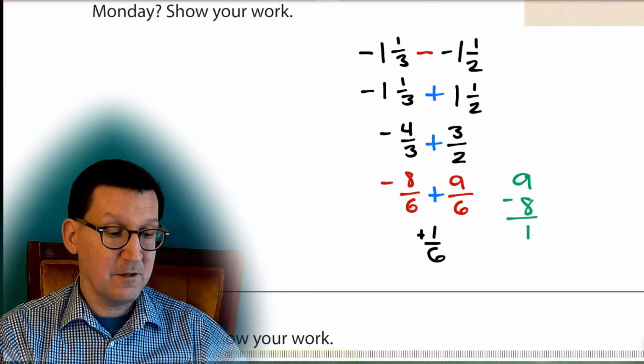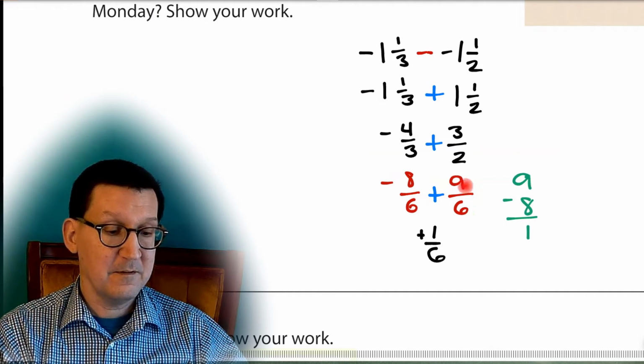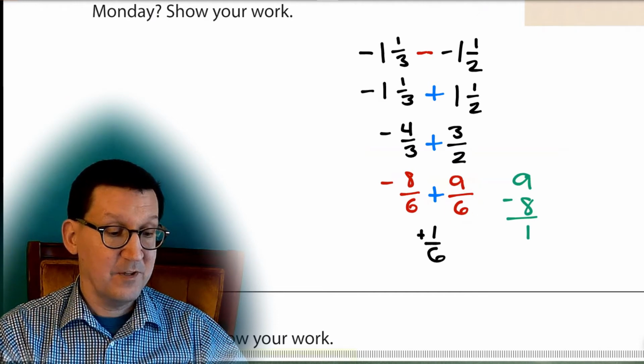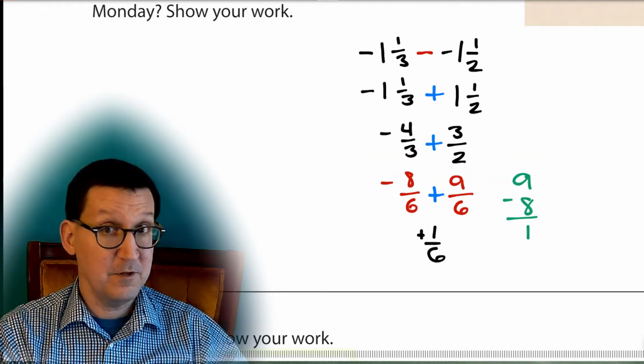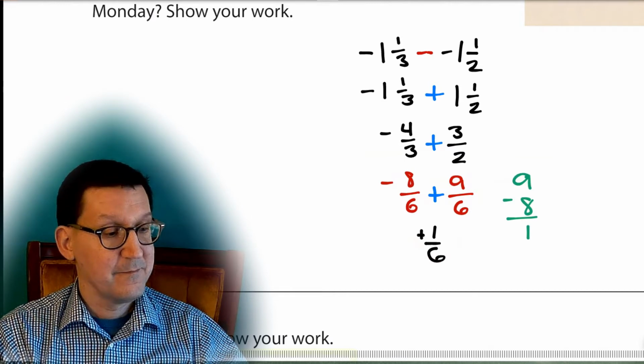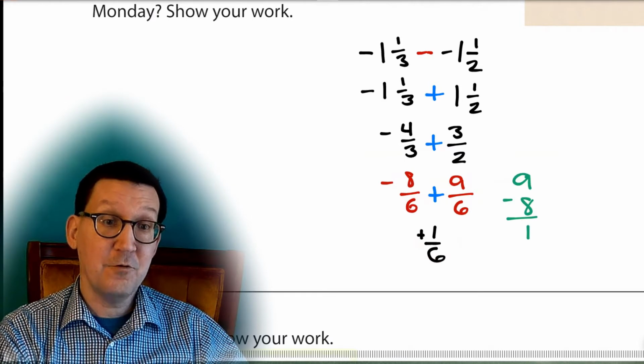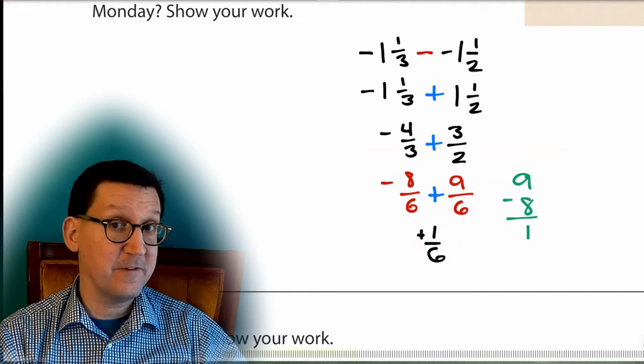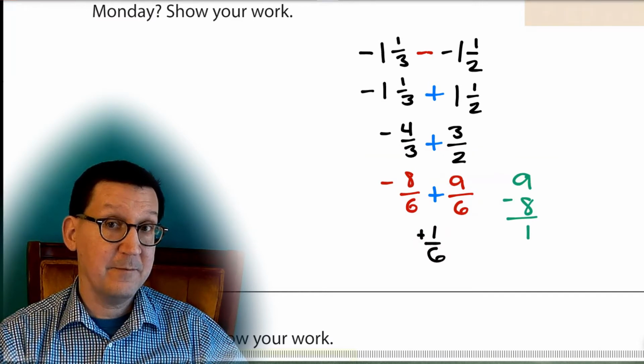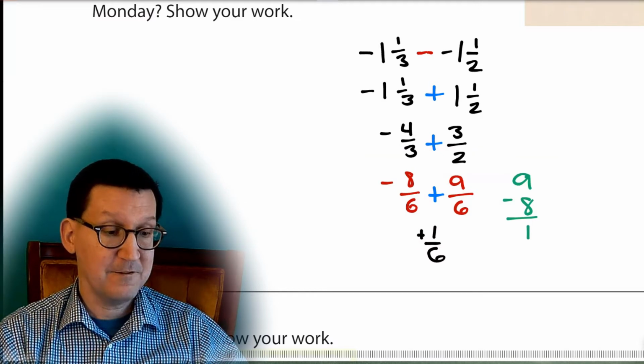Which one of these numbers has the largest absolute value? Well, it's 9/6. So 9/6 is a positive number, so that's how you know. That's how you can check yourself, to know that that 1/6 is a positive 1/6. And so the low tide on Tuesday is 1/6 of a foot higher than the low tide on Monday. So that answers that question.